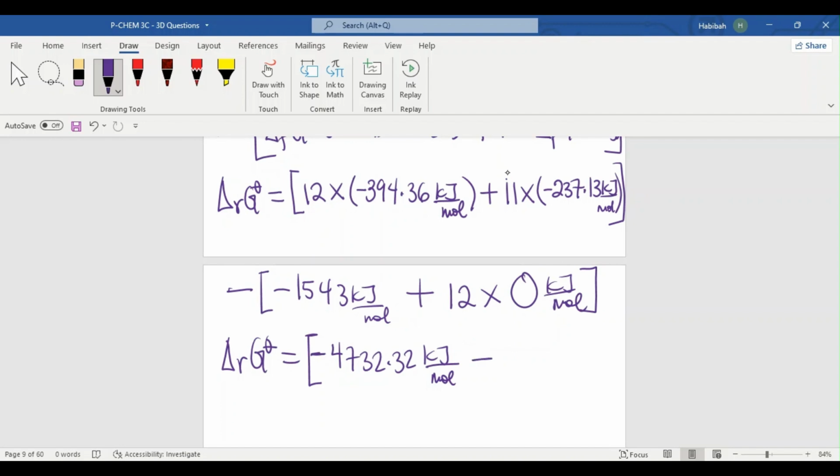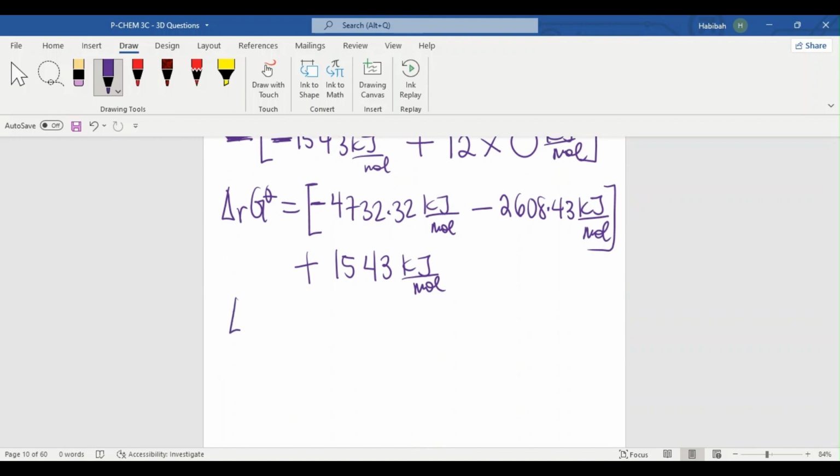Minus. So you've got plus and you've got minus here. So plus minus is just minus. So 11 times 237.13 is just simply 2608.43 kilojoule per mole. Of course, like I said, this is the product side. So then you have minus over here, and then minus here, you're going to get plus. So I'm just going to say plus 1543 kilojoule per mole.